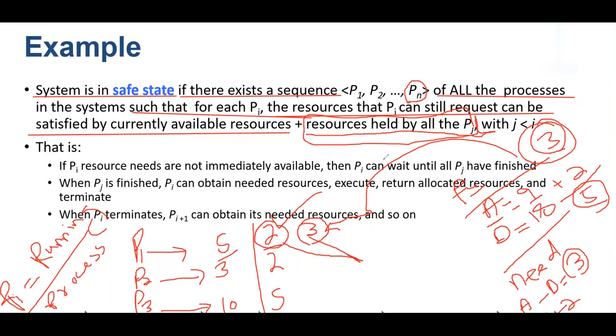It means that the held resources, the occupied resources, will be released when the process is finished. So collectively, when the system gets back those resources and adds them to the available resources, after that, if the system can satisfy the request of P2 or P3, then it means the system is in a safe state.